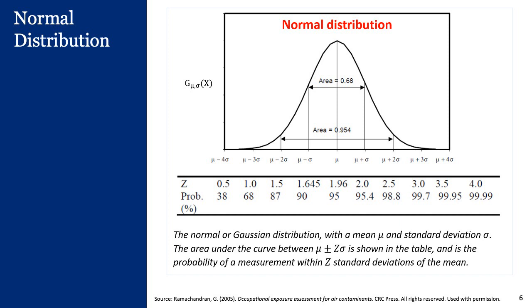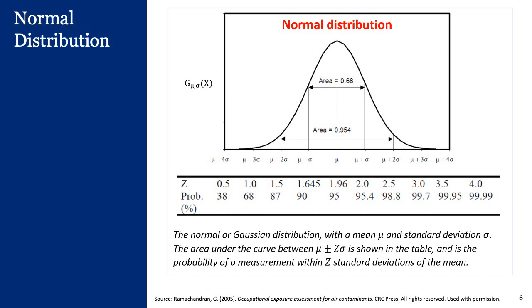And that is shown in the table below this, where if you look at z equal to 1, so z is the coefficient in front of the sigma. So we can think of it as mu minus 1 sigma, where z equal to 1, to mu plus z sigma, where z equal to 1. And so the probability in that table, as you can see, is 68%.